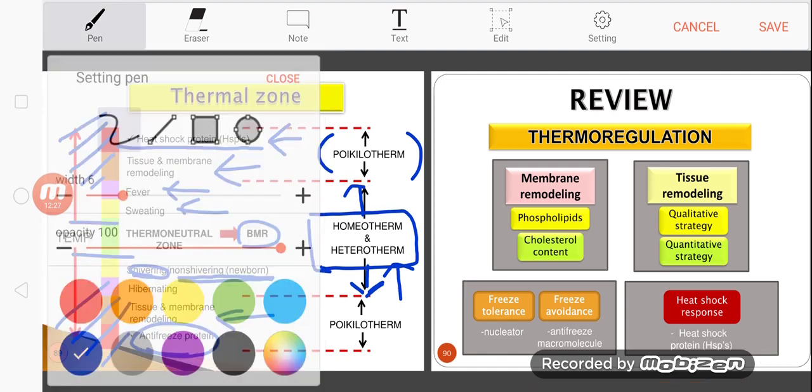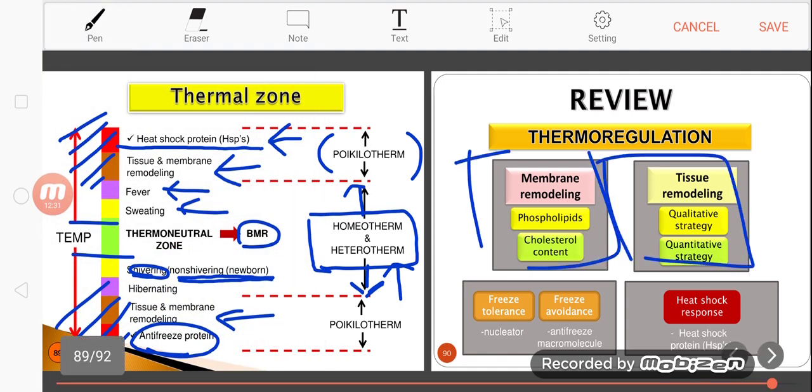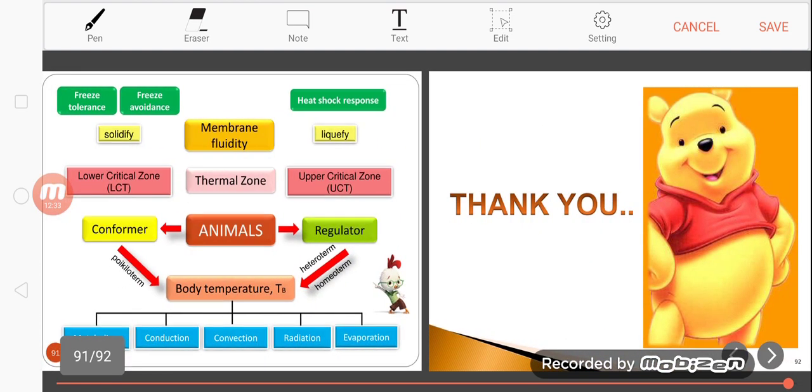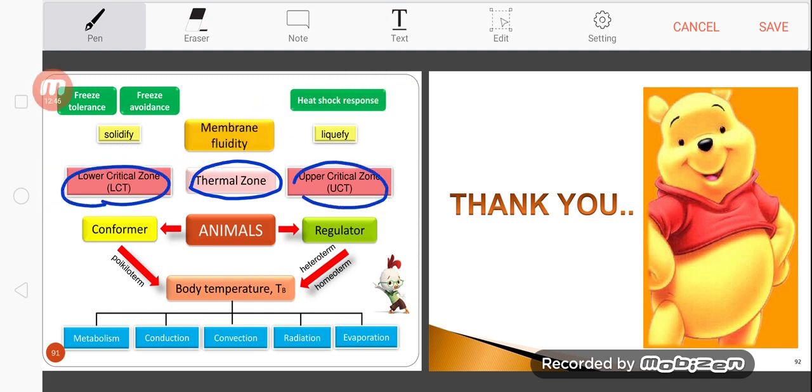Okay, so this is the membrane remodeling and tissue remodeling. So this is the overall of thermal regulation. It relates to the thermal zone, whether lower critical zone or upper critical zone. We have a lot of animals. The animals can be a regulator or conformer.